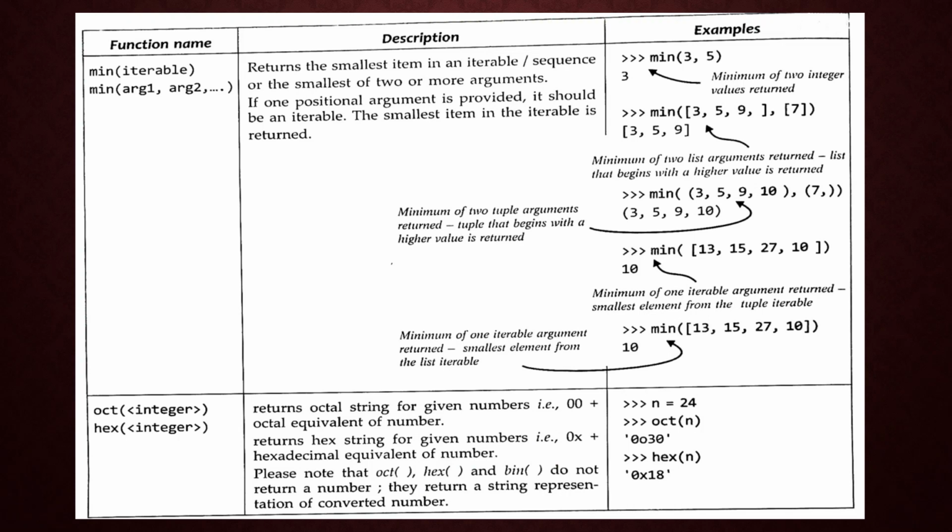I mean the prefix 0o represents the octal number system, and 0x represents the hexadecimal number. Okay, these are about different mathematical functions.